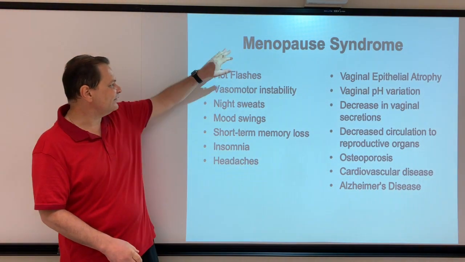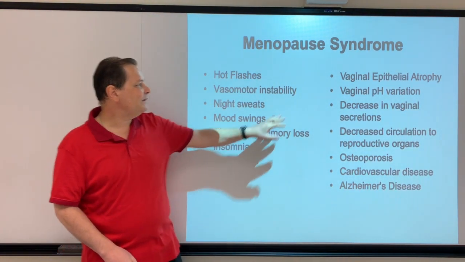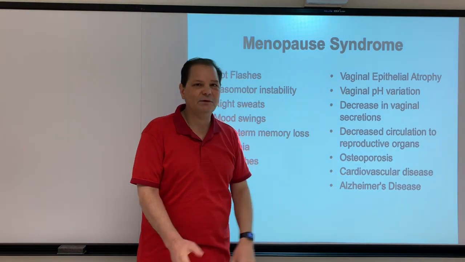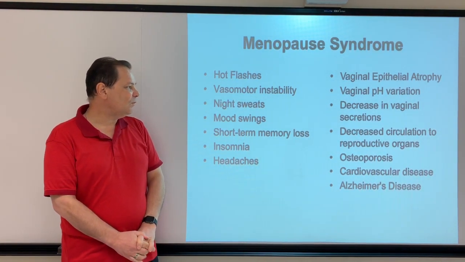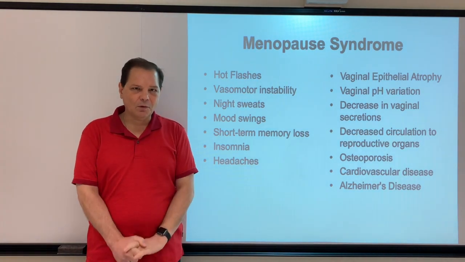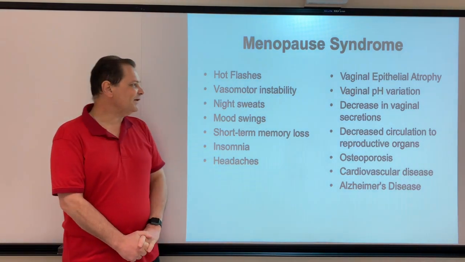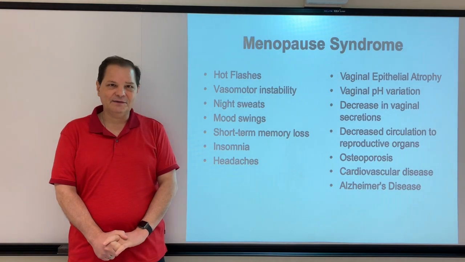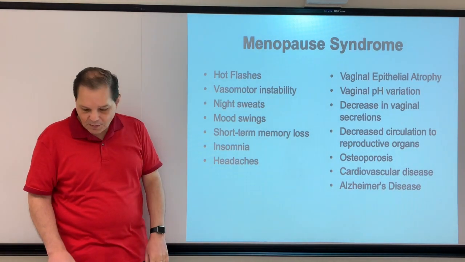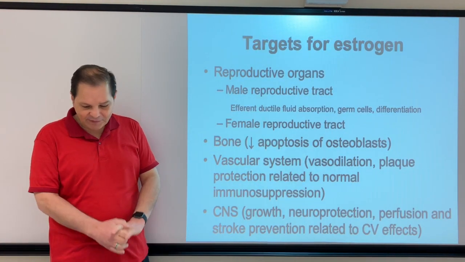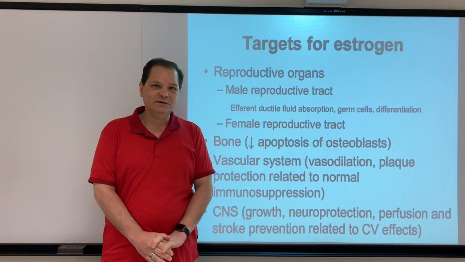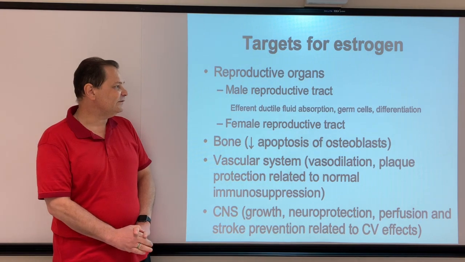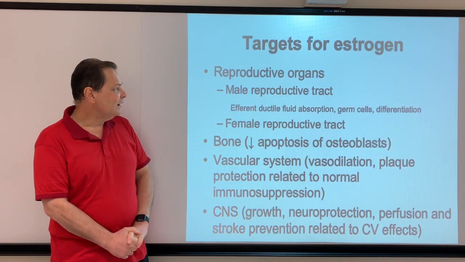These are just some of the things that you see when you lack estrogen in the body and when you enter menopause. Again, we'll worry more about what those effects are in the next block. Nevertheless, you should certainly be aware of some of these effects of lack of estrogen, and these you should be aware of for this course.